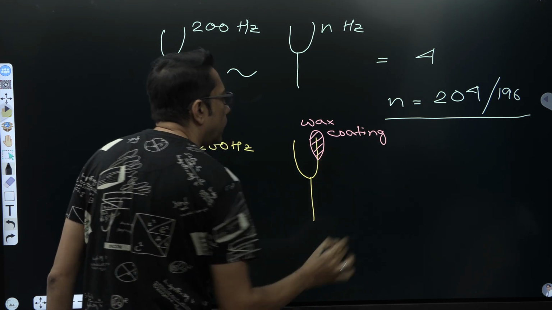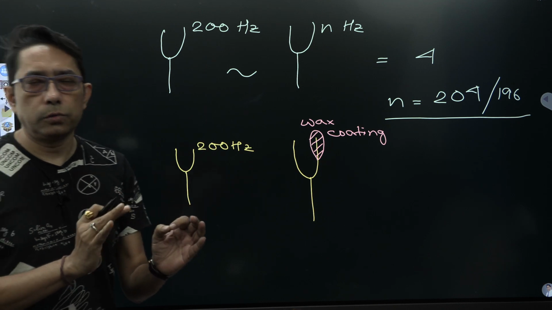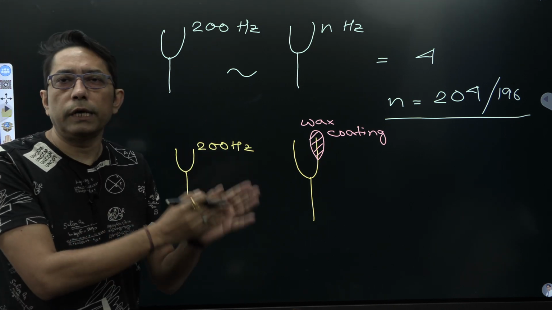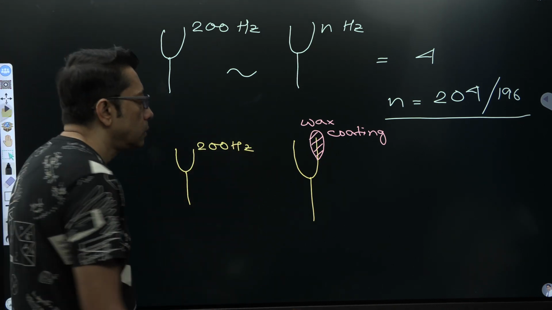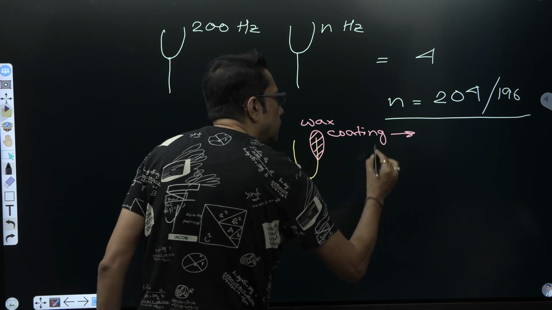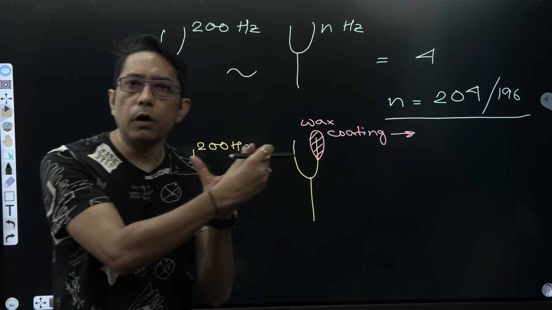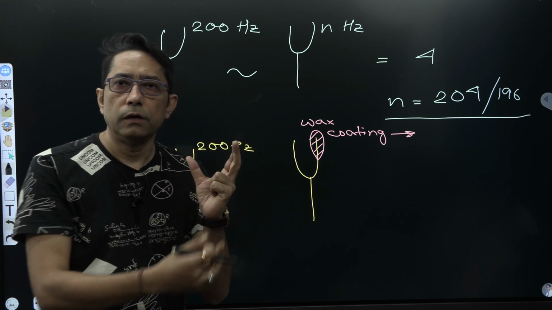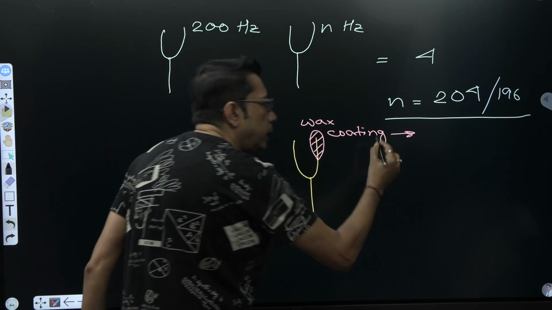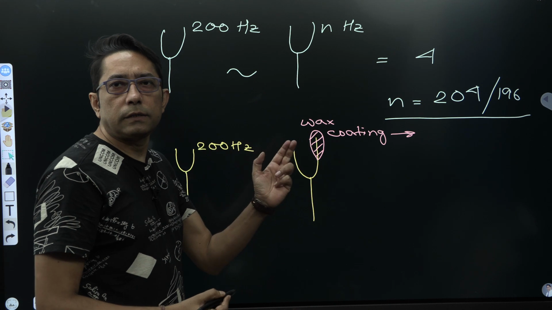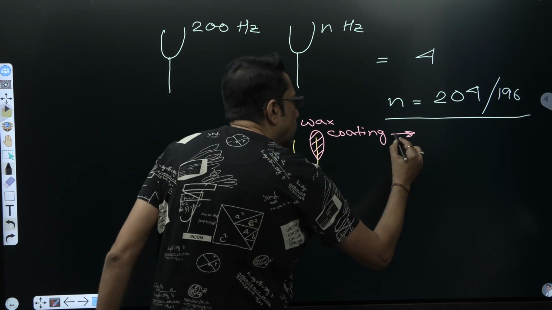Now if you give it wax coating, simple करके सोचो. If you give it wax coating, it will become heavy. So wax coating will make the prong of the tuning fork, this arm, heavier, slowing it down when it vibrates. So it will become slow.